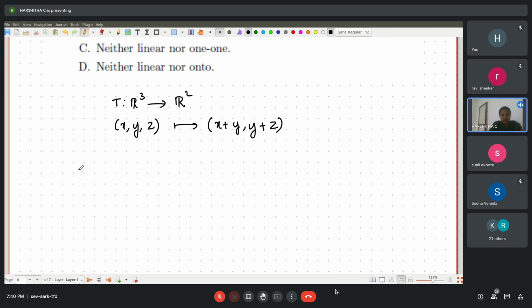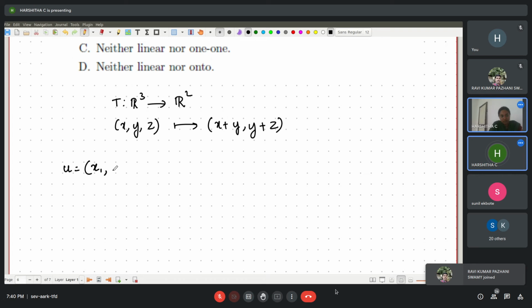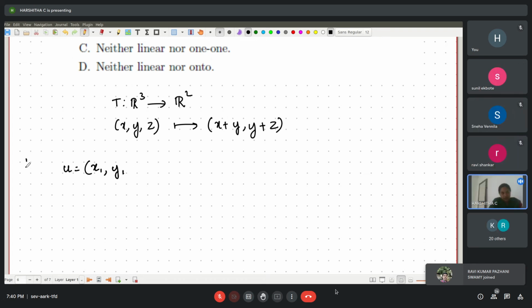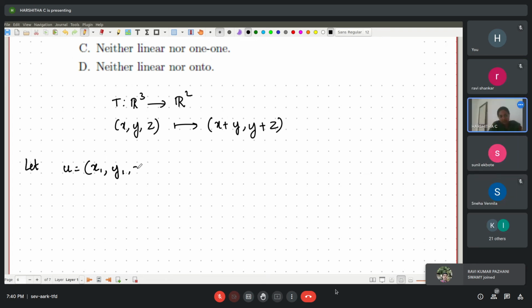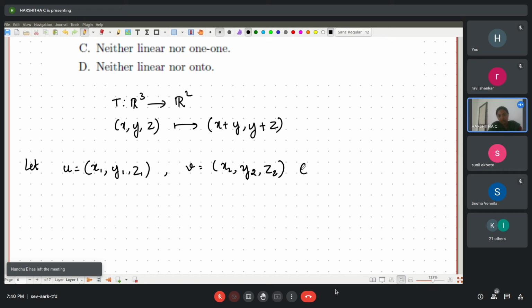Again, we have to check the two conditions. So let's take two vectors. u is say (x1, y1, z1), and v is (x2, y2, z2).